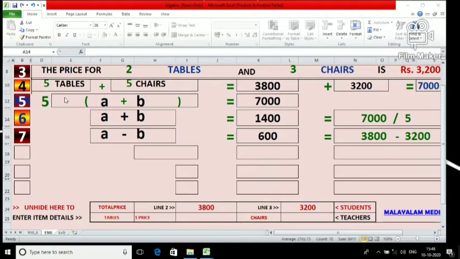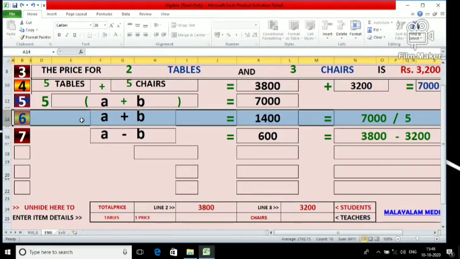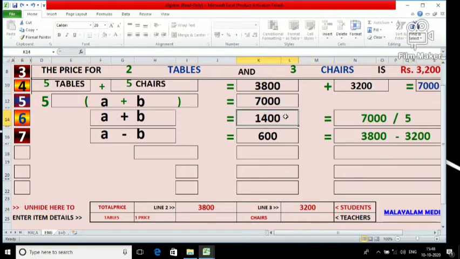Let us look into another option. A man buys a table and chair together for rupees 1,400. Later he changes his option. He returns his chair and buys one more table.